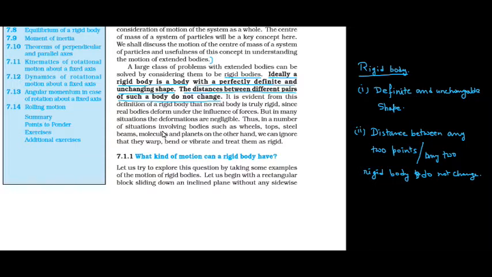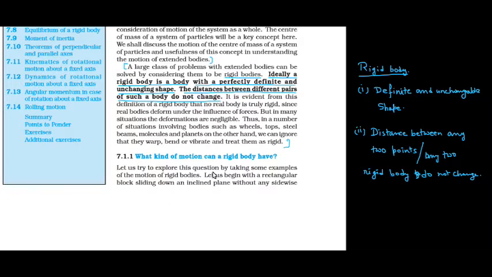Thus, in a number of situations involving bodies such as wheels, tops, steel beams, molecules and planets, we can ignore that they warp, bend or vibrate and treat them as rigid. Now, till this paragraph, we have encountered one question: what is a rigid body? Let us move to the next paragraph.